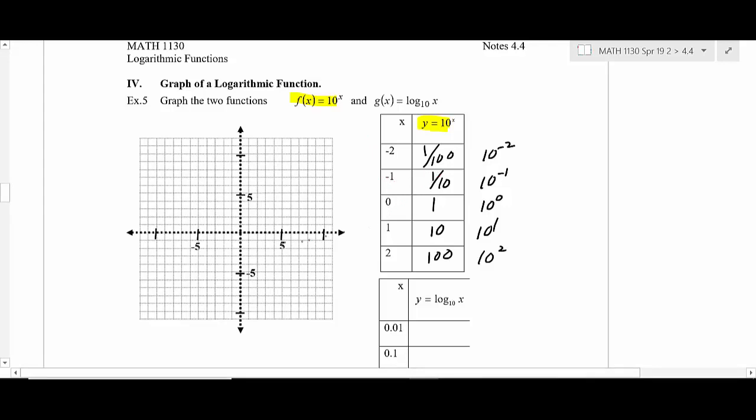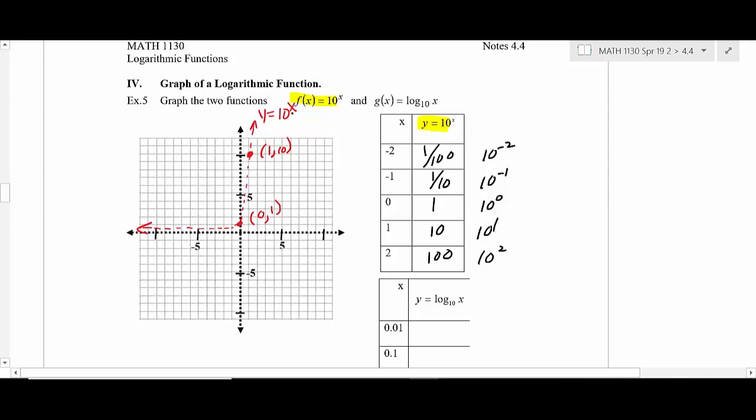We'll have 0, 1, then we'll have 1, 10, like that. I'm going to have you label probably these 2 points. These are the important points on this. And then you can just sketch that in like that. And remember, the way this goes is you're approaching the x-axis, but you never reach the x-axis. So that would be the graph of y equals 10 to the x, okay?